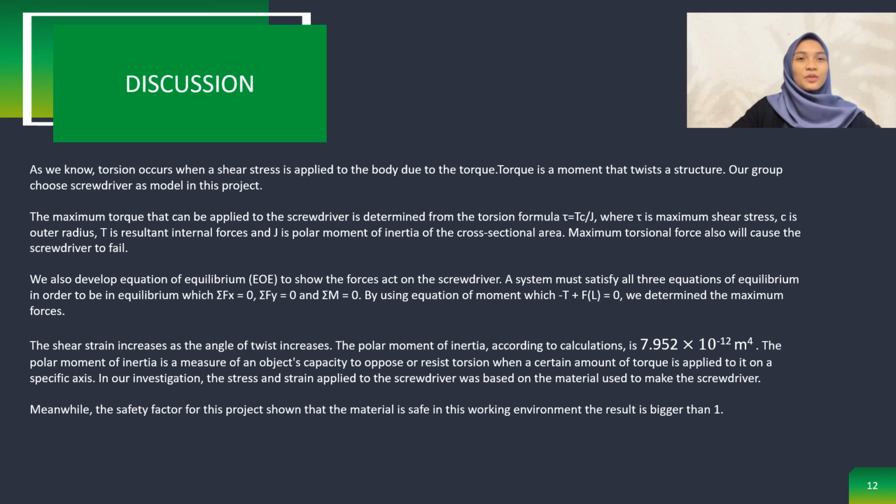In our investigation, the stress and strain applied to the screwdriver were based on the material used to make the screwdriver. Meanwhile, the safety factor for this project shows that the material is safe in this working environment because the result is bigger than 1.